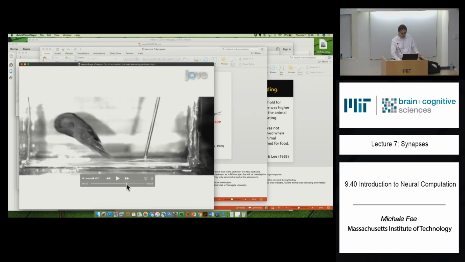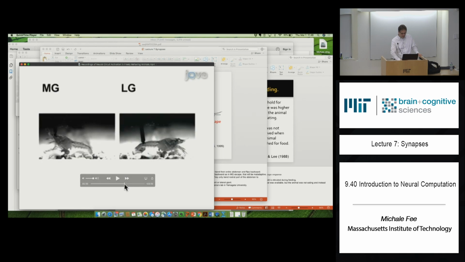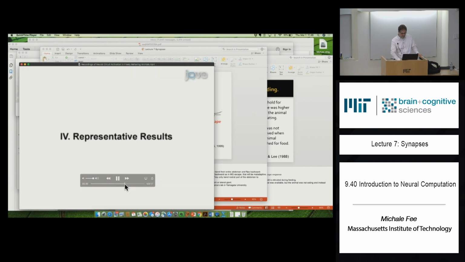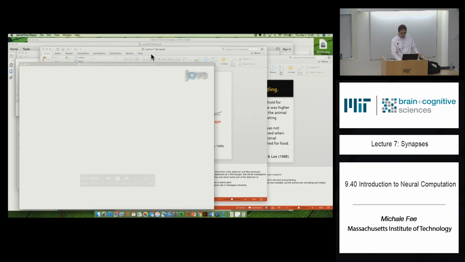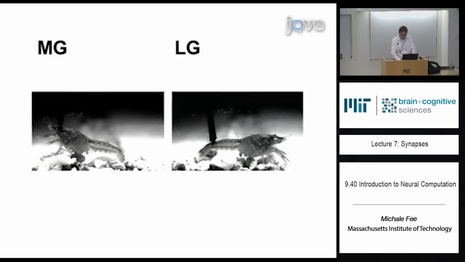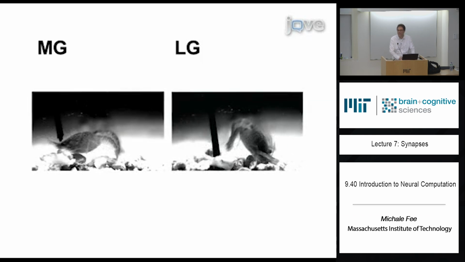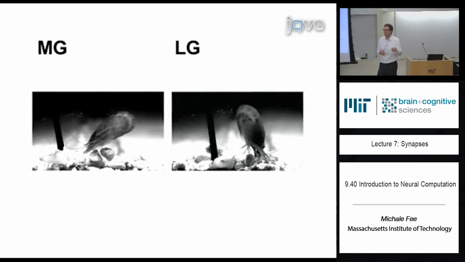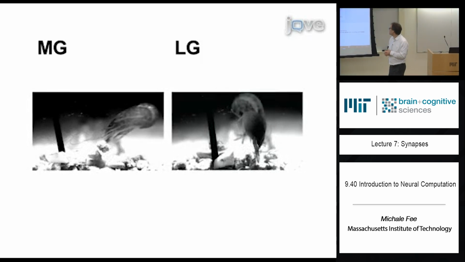But I'm going to show you what. Here is a look at a series of single high-speed video frames and corresponding electric field recordings for an escape tail flip in response to a tactile stimulus delivered to the head or tail of a juvenile crayfish.